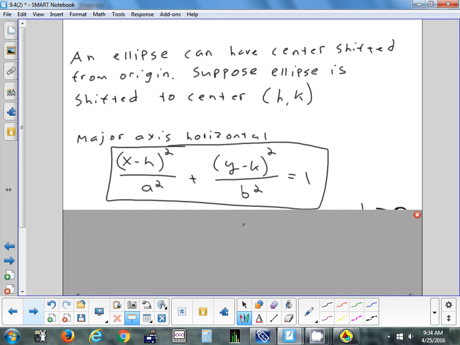H and k are the coordinates of the center. And notice it's always written as a minus. So whatever comes after the minus sign, that's h. Whatever comes after the other minus sign, that's k. So you have to be careful if you ever get an equation with a plus. Okay, we've dealt with that before.